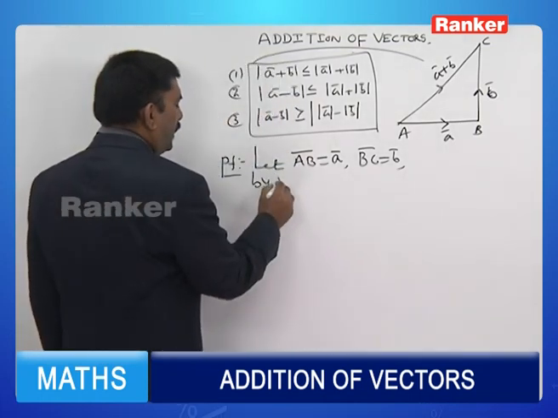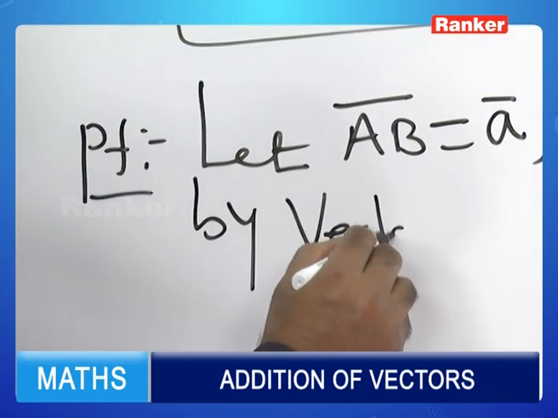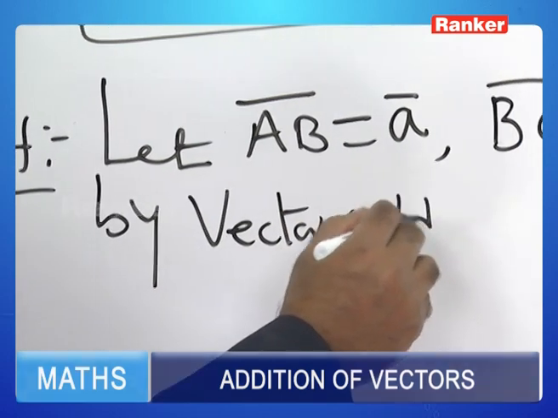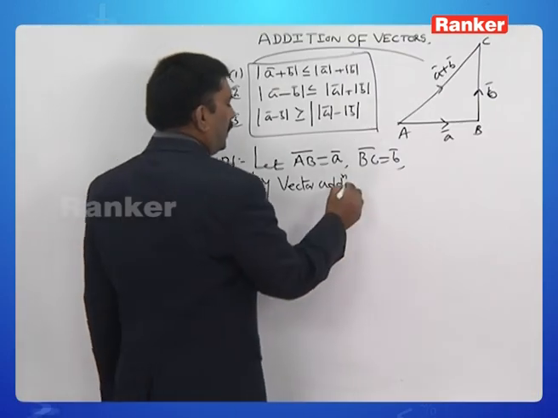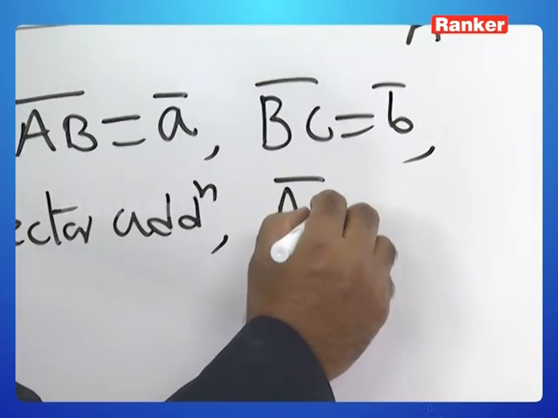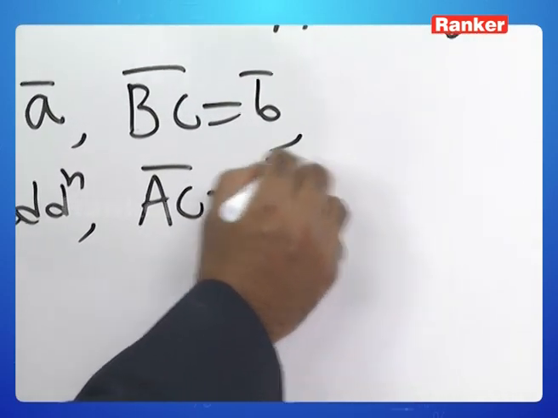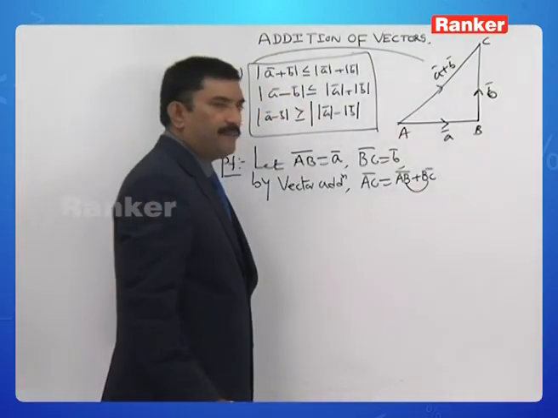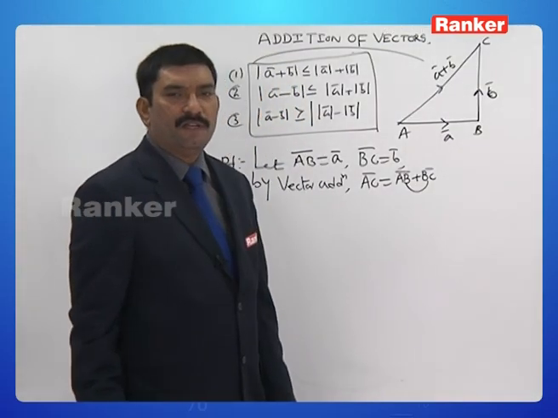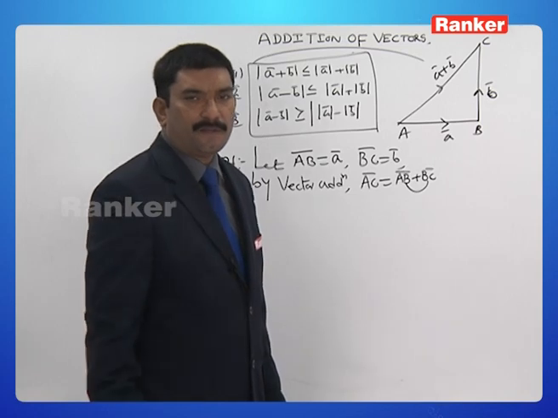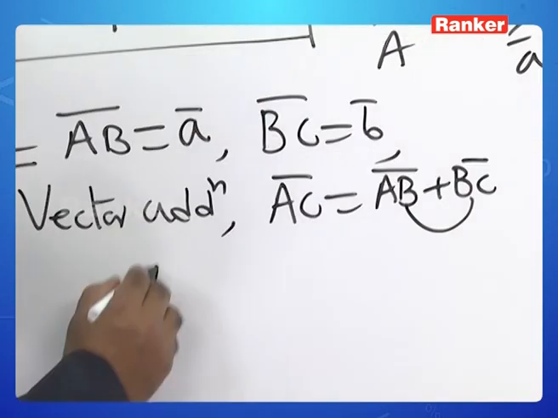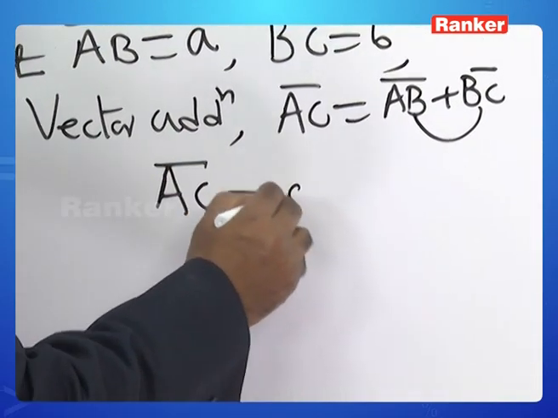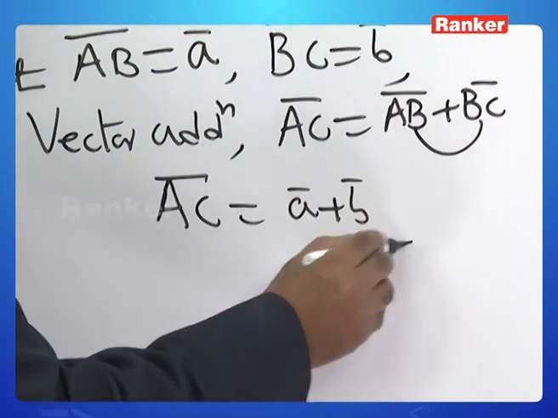By vector addition, AC bar can be written as AB bar plus BC bar. The terminal point of the first vector coincides with the initial point of the second vector. So therefore, I can write AC bar is equal to A bar plus B bar.